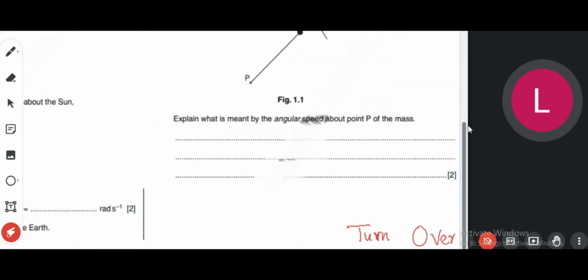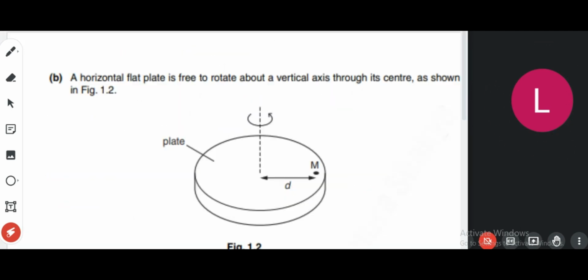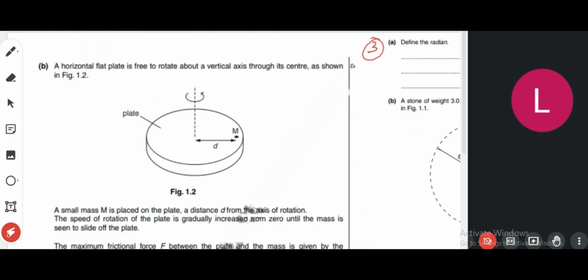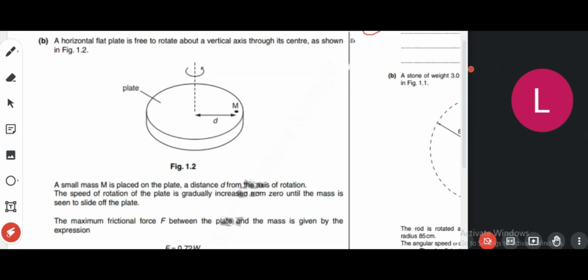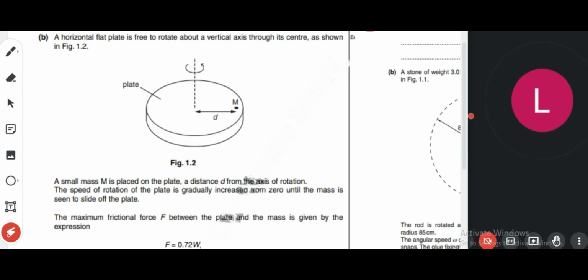For number 2, let me zoom it in. A horizontal plate is free to rotate about the vertical axis through its center as shown.